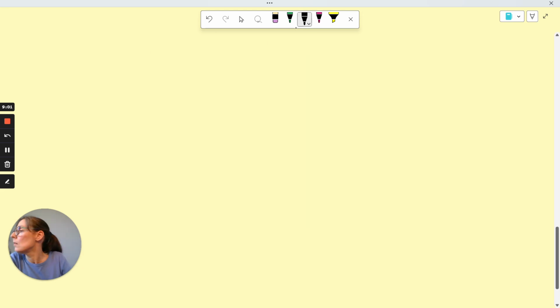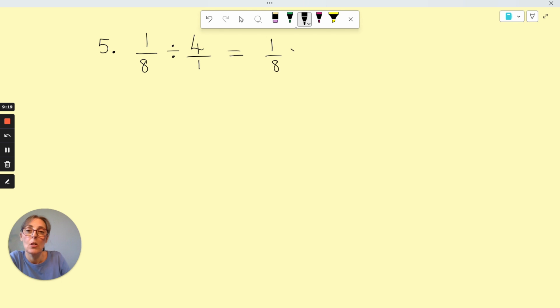And let's do, I think we're on number 5. 1/8 divided by 4. 4 wholes, which is keep, change, flip. 1 times 1 is 1. 4 8's are 32.